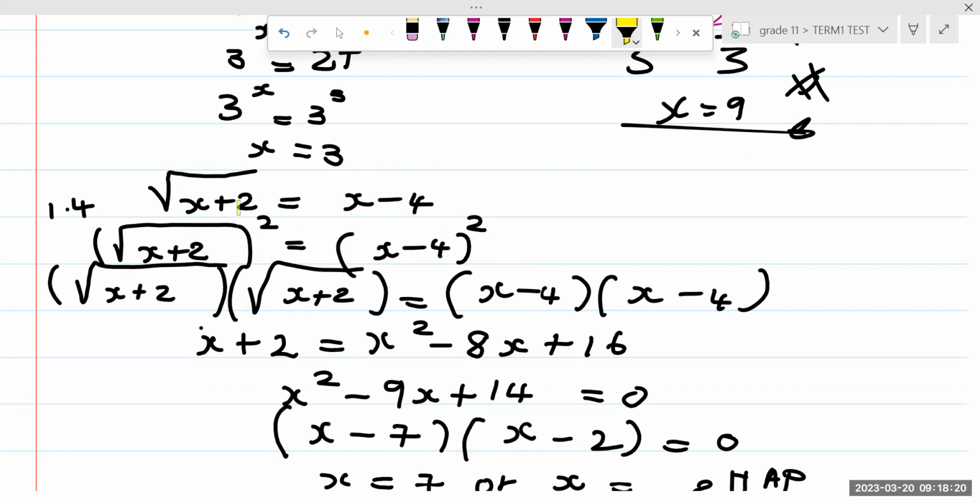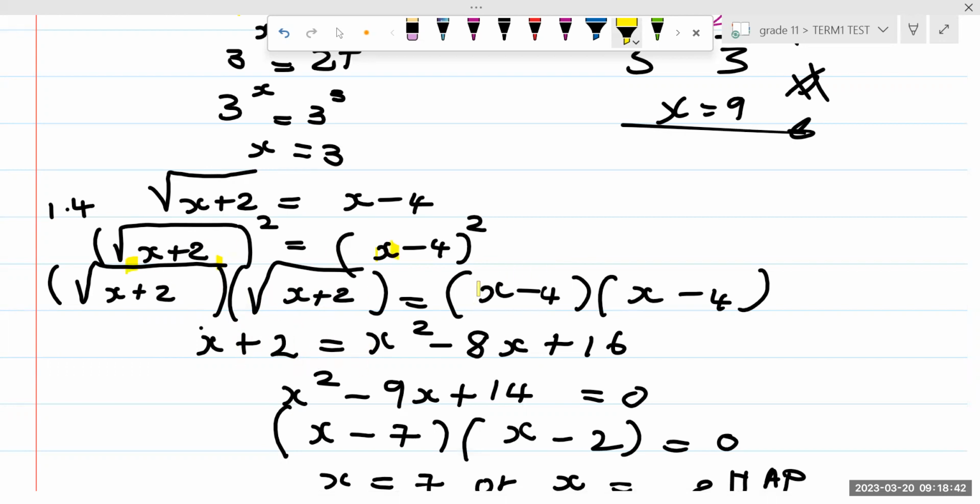So then now we cancel out this root. We square both sides again. Whatever you do on the left hand side, you do on the right hand side. So the square of this thing, we square again, and we expand both sides. This thing and this thing gives x plus 2 again.